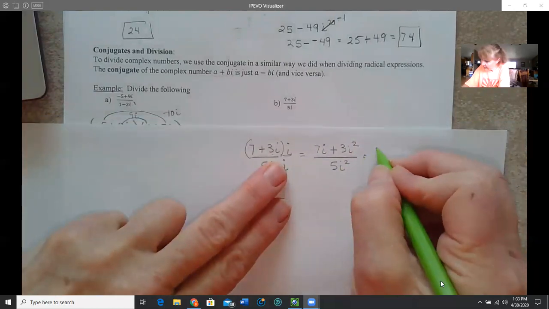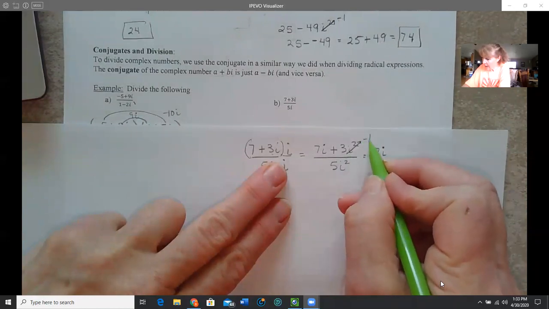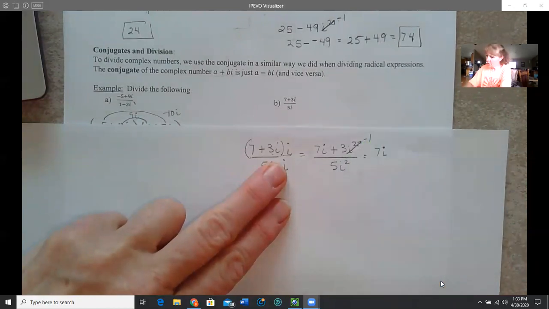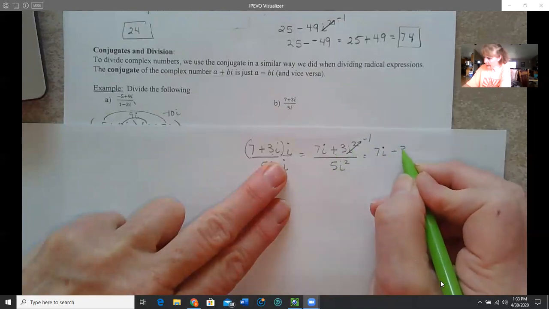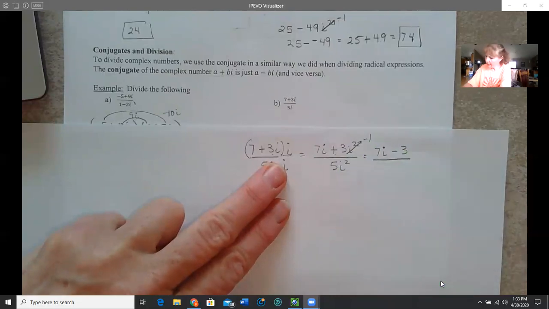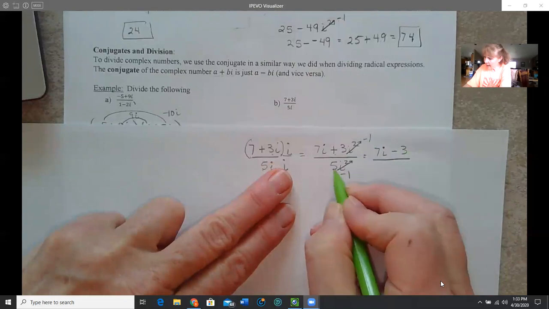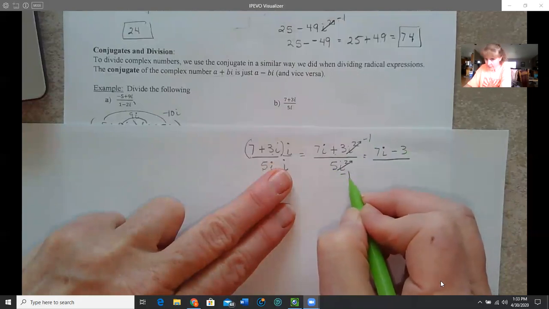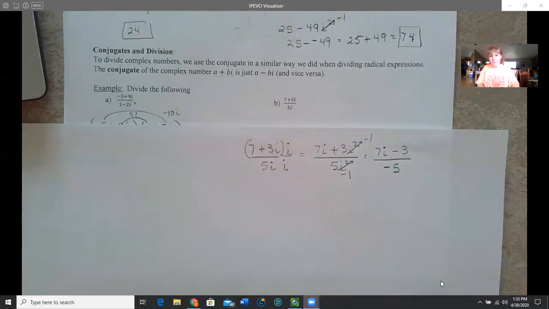Here we have 7i. This is a -1. So 3 times a -1 is a -3. This right here is a -1. 5 times a -1 is a -5. Okay?